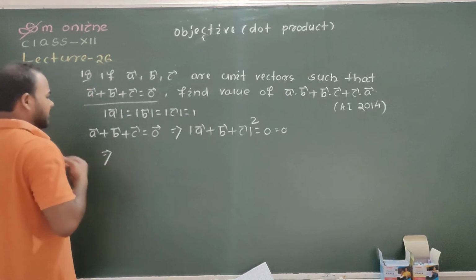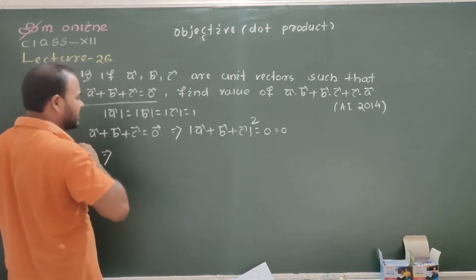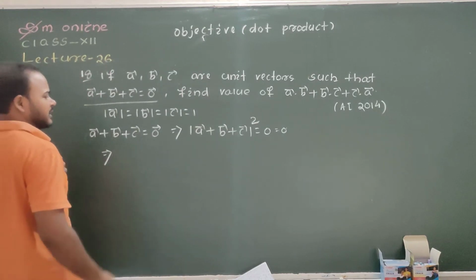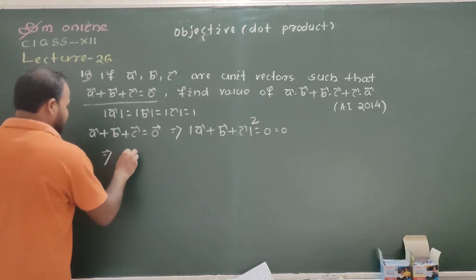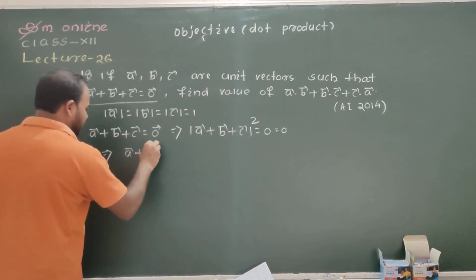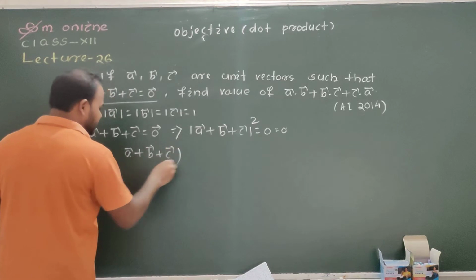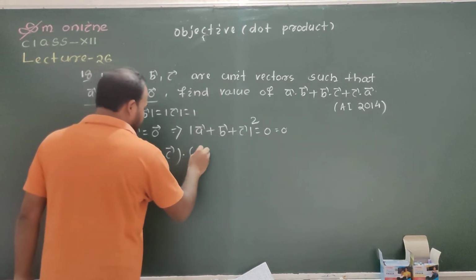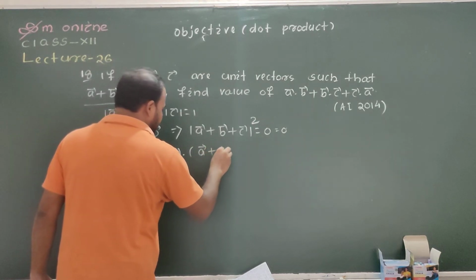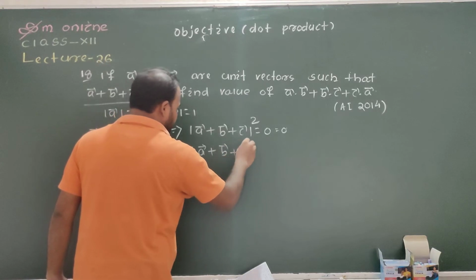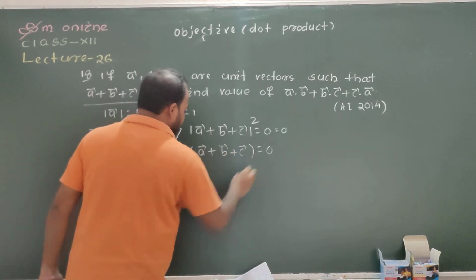Now this is equal to vector A plus vector B plus vector C dot vector A plus vector B plus vector C equal to 0.